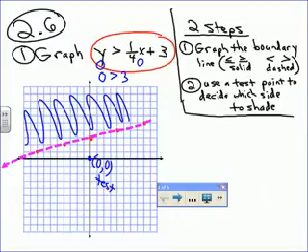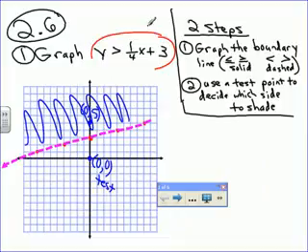What's that? Yes. So what does that represent again where I shaded? Yep, all the solutions. For example, if you pick a point like 0, 5, so x would be 0.